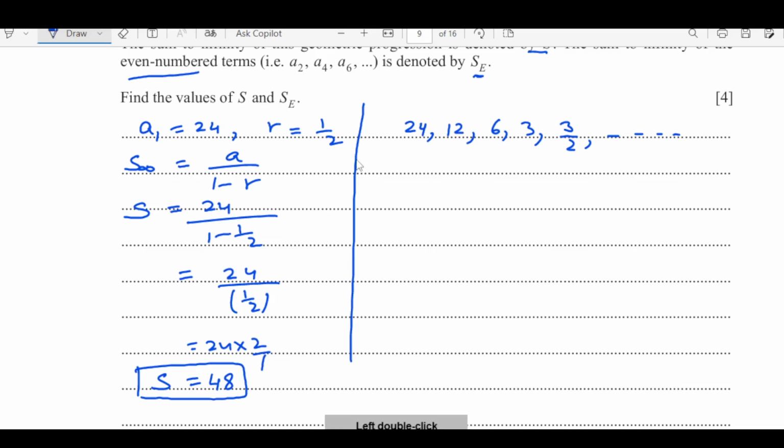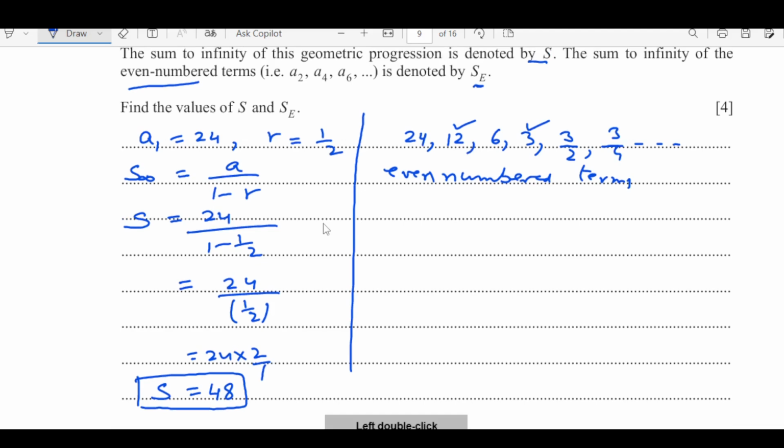The even numbered terms are going to be 12, 3 and then the next one, 3 over 4, and so on, right. So I am writing the even numbered terms here: 12, 3, 3 by 4 and so on.